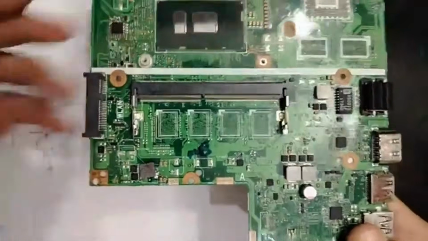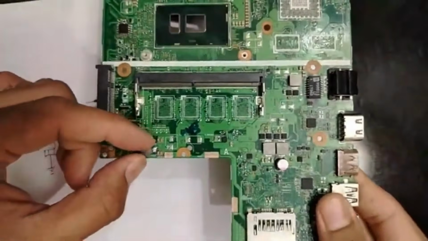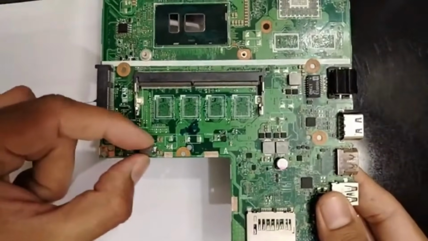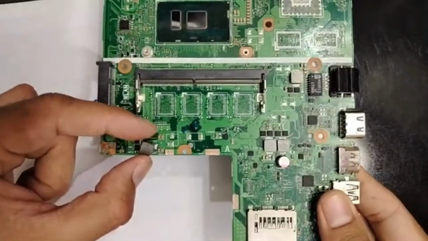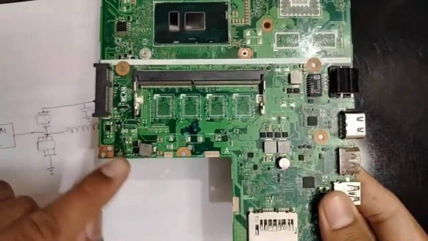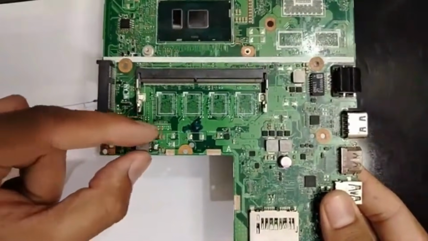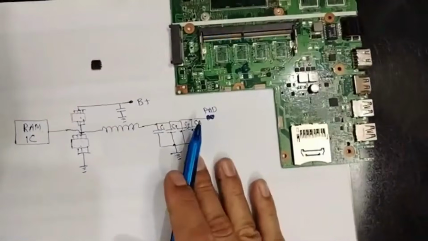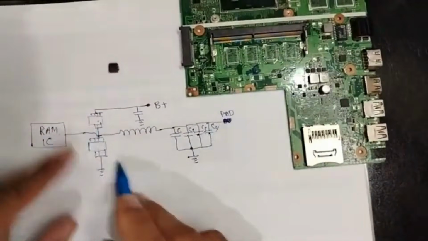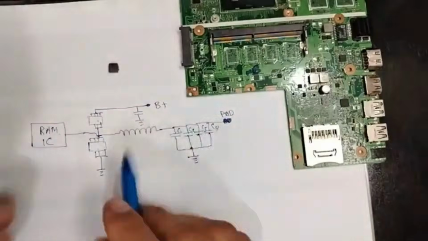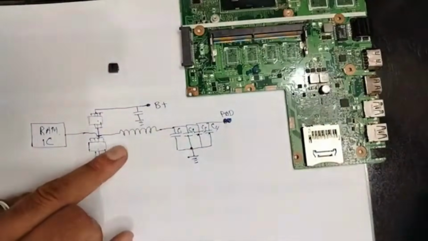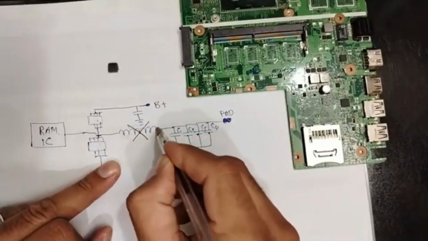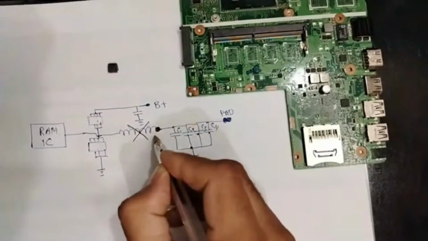But first, once I remove the inductor here, normally the short in the first time was in both sides. When I remove this one, before, the short is everywhere in the circuit, everywhere we have the short, but once I remove this one, I get the short just in this point.